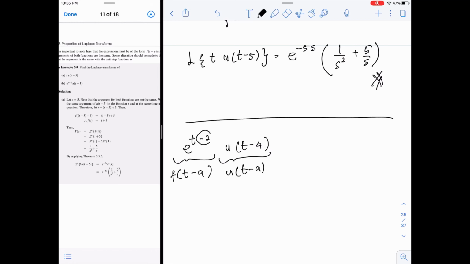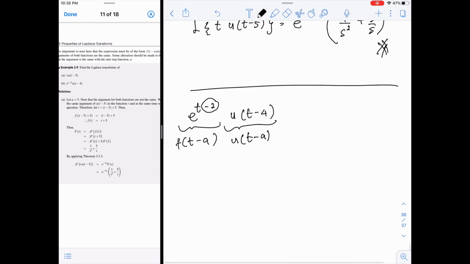However, here it is t minus 2. So how to make it t minus a? Here you can determine your a is 4. So in here, you will have t minus 4. How come it's t minus 4 over here? It's because of the t minus 2, and you need to plus 2.